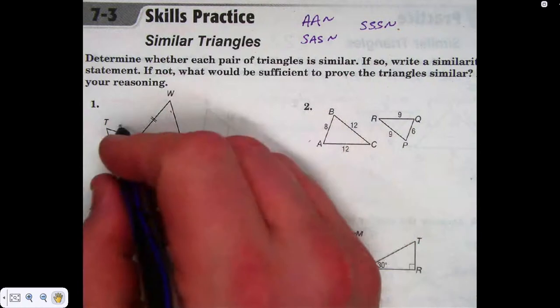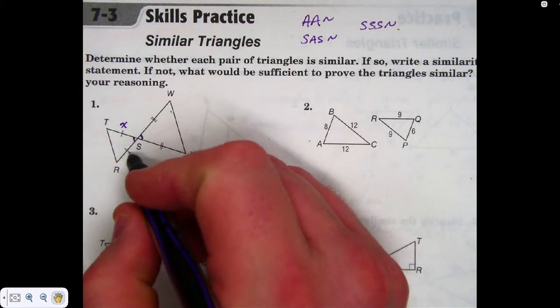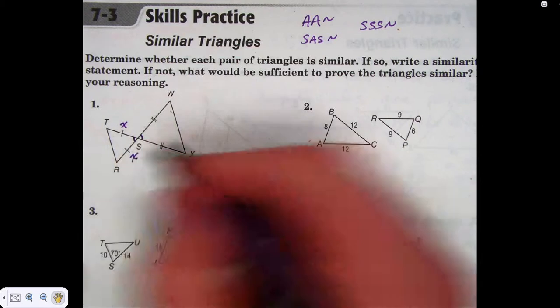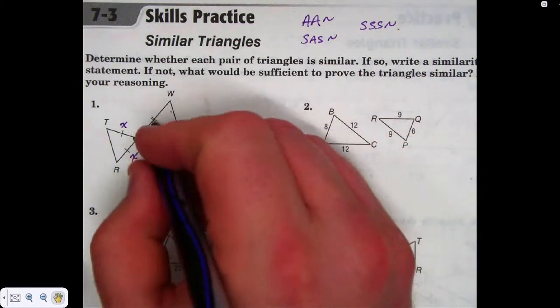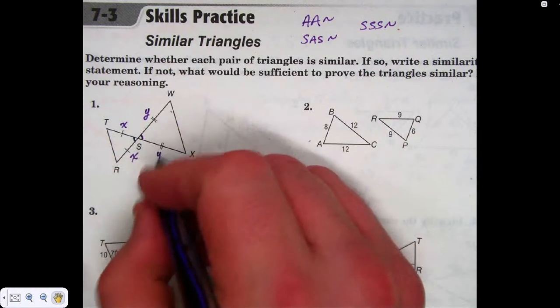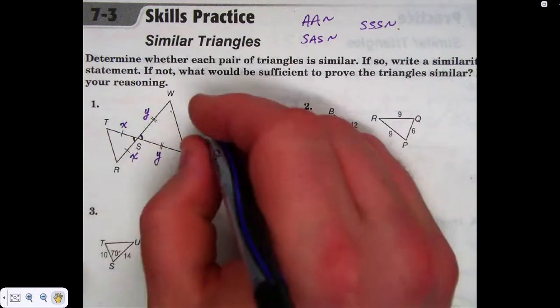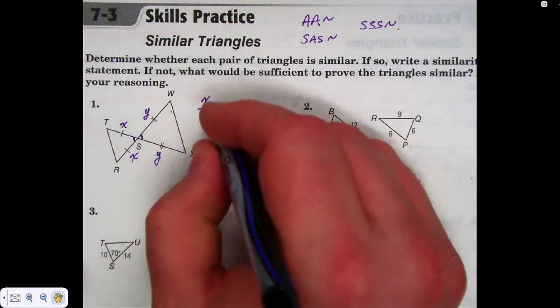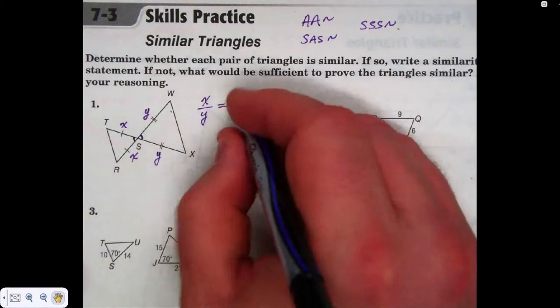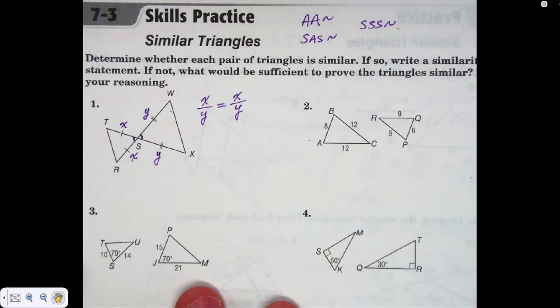Now here's what's going to confuse you guys a little bit. Sometimes it helps to realize, okay, if that's X, what are they saying this side has to be? If this one's different because it's got 2 marks, right? If that's Y, what's this got to be? Now, here's the deal. If this corresponds to this, does X over Y have to equal X over Y? Tell me a number that you could put in for X or Y that would make that not true.